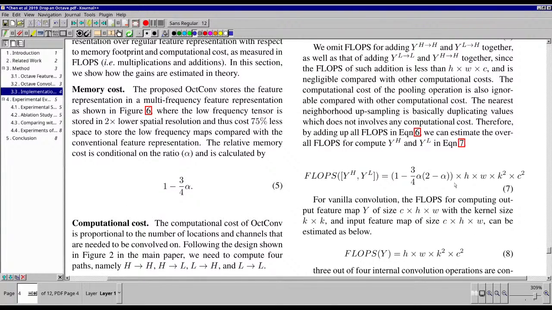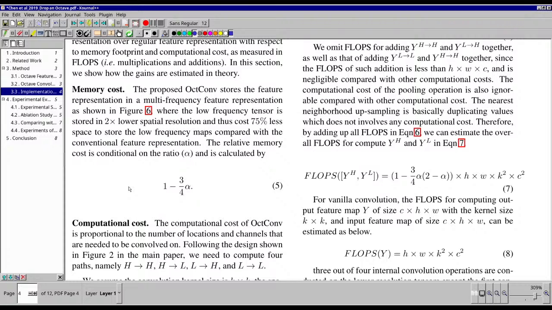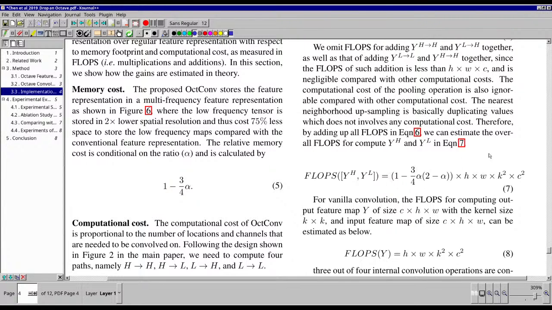Yeah, it's there. If I put 50/50, 2 minus half.